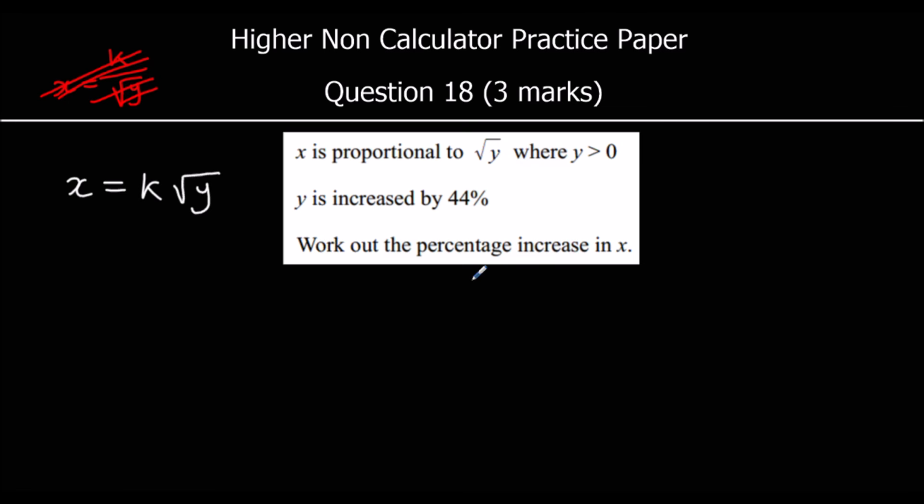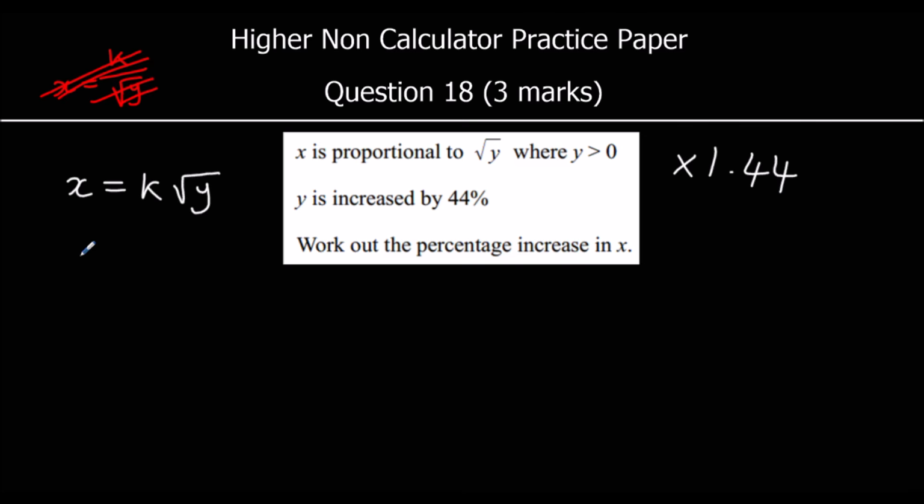To increase by 44%, so if you've got 1y and you increase it by 44%, you will times by 1.44. That's our multiplier.